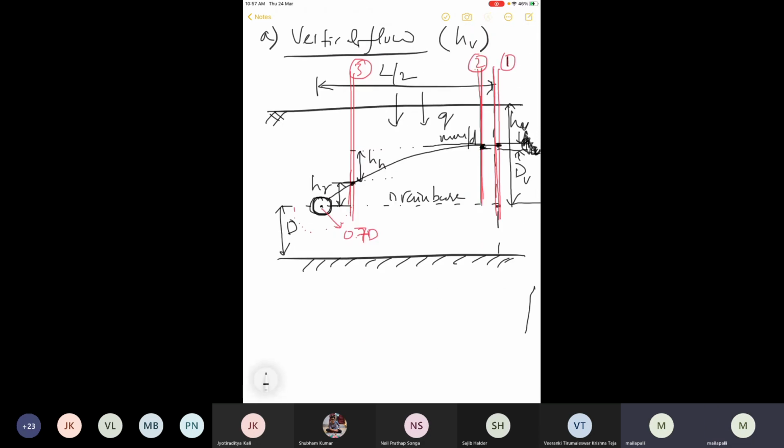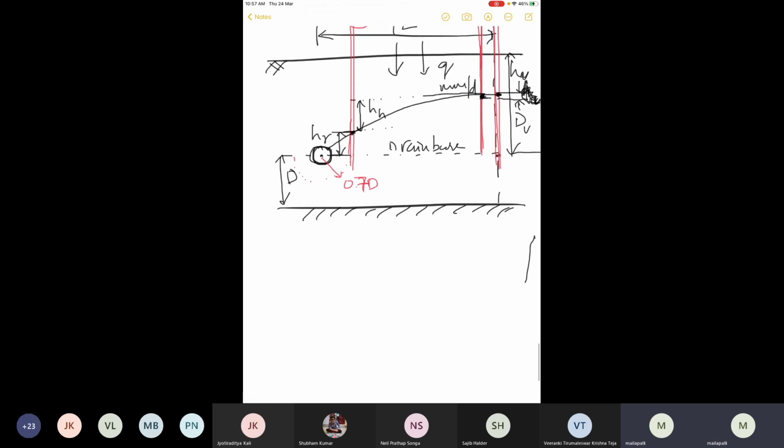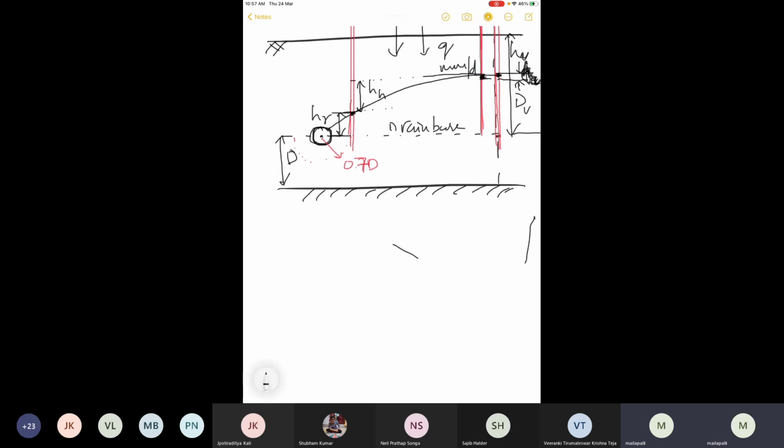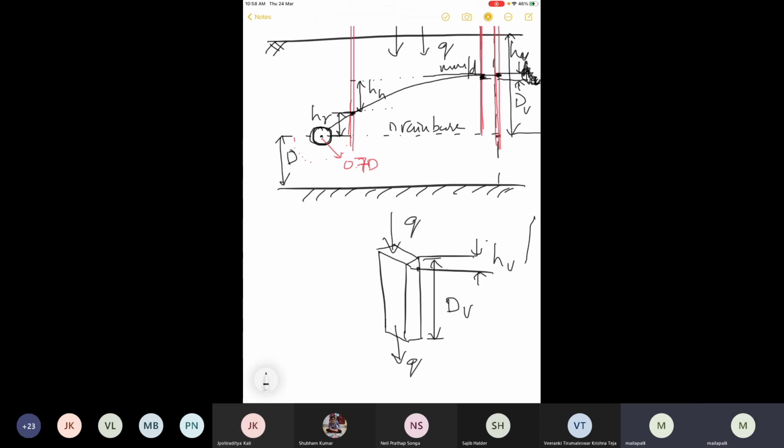I take a small section from the center, this will be dV, and I have two points with a pressure difference, that is HV. Q is going down and Q is going out.